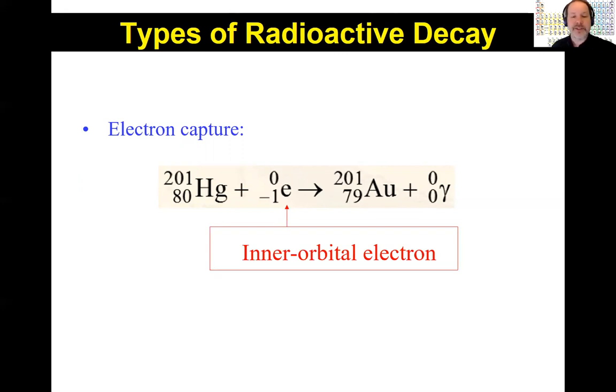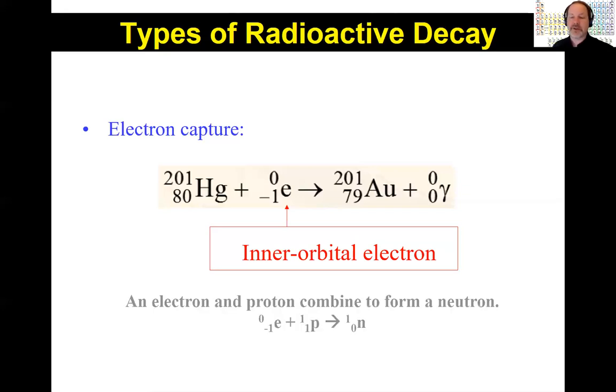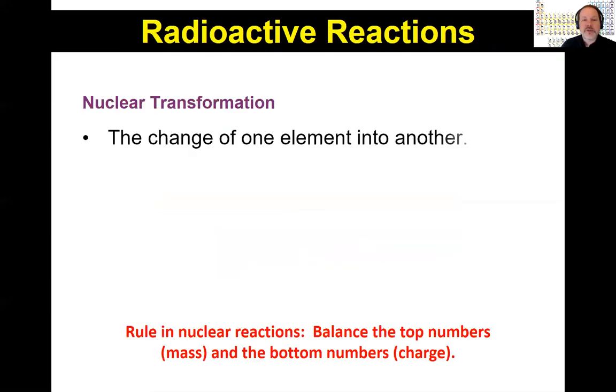So the overall mass will stay the same, mercury-201 going to gold-201, but you'll see that the atomic number has changed because the number of protons has changed. So you want to be familiar with electron capture as a radioactive decay mechanism. This process also gives off gamma radiation. How many? Once again, gamma radiation, you'll have to be told how many and if that's there. Electron and proton combine to form a neutron in the nucleus. Those are the main types that we're going to focus on. There's certainly others, but those are the main ones.